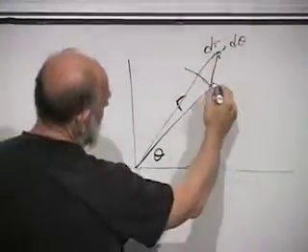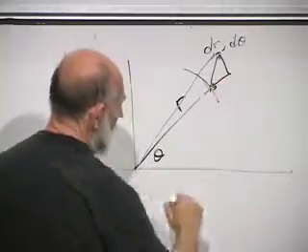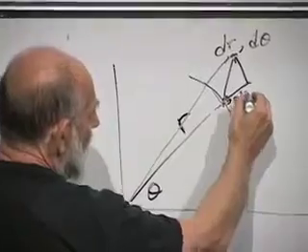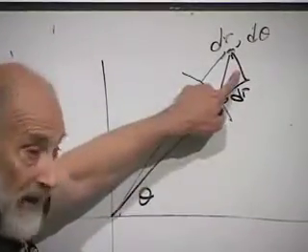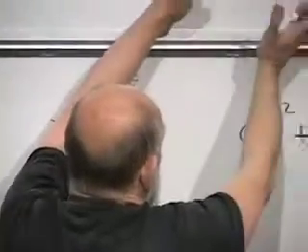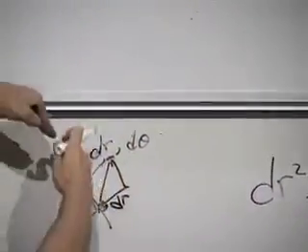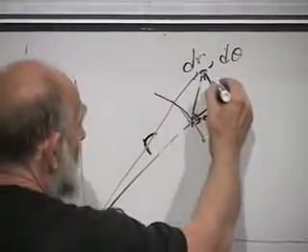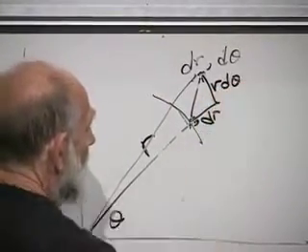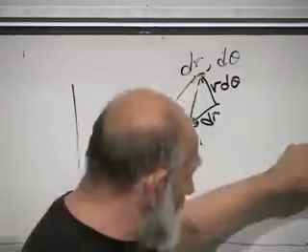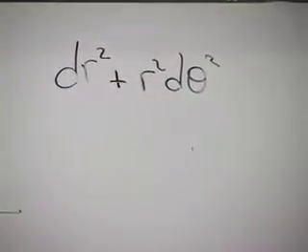You draw yourself a little right triangle here, one side of which is dr, but the other side is not d theta. For a given d theta, the further out you move, the bigger the side of that triangle. The side is r d theta. So Pythagoras' theorem tells you that this is dr squared plus r squared d theta squared.